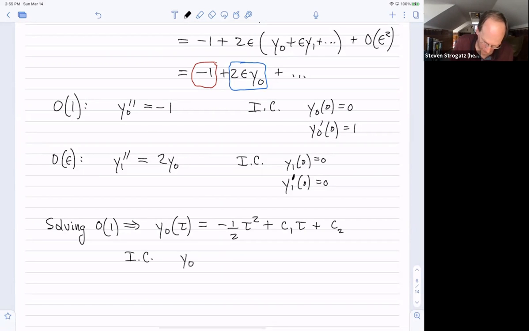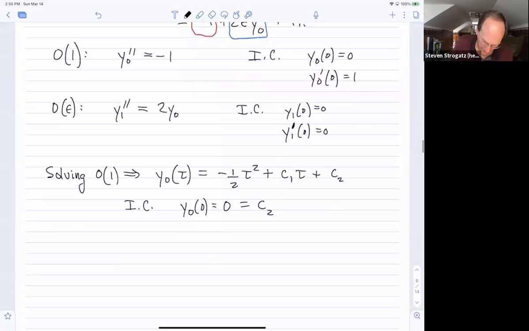So y0 at 0, we said should be 0. That's my C2. And y prime at 0, that's going to be, let's see, minus tau plus C1 evaluated at tau equals 0. So that's just C1.